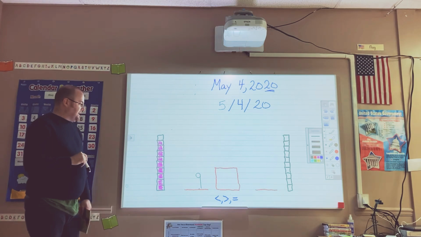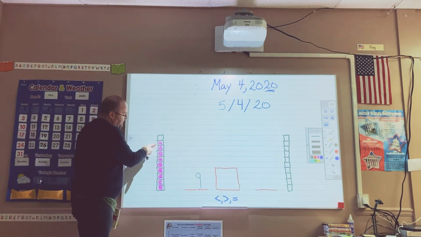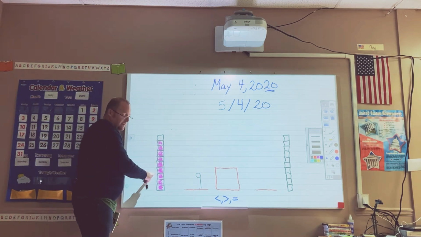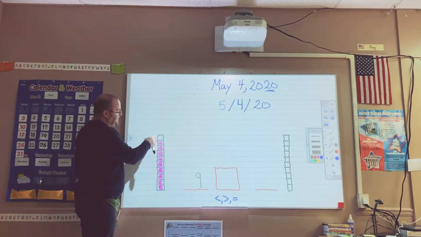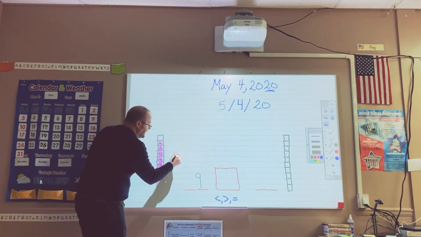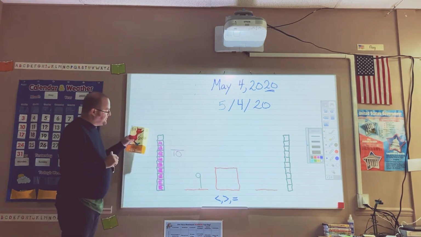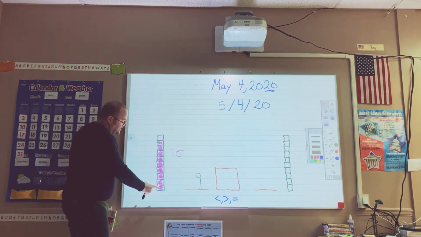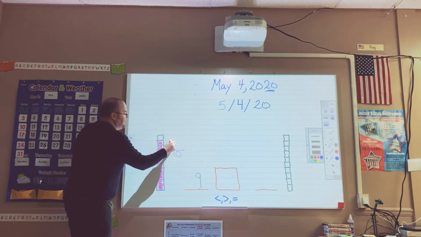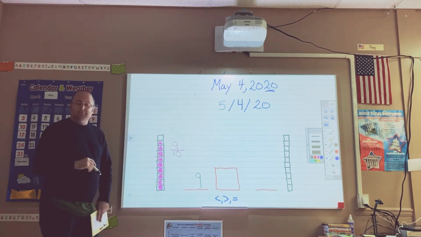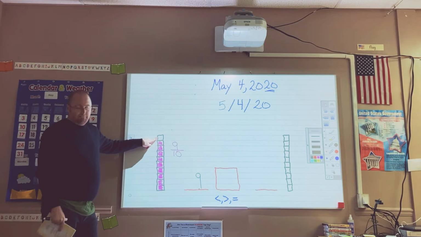So if I wanted to write that in a fraction, I would say, how many total were there altogether? There were 1, 2, 3, 4, 5, 6, 7, 8, 9, 10. There were 10. And how many times did I mess up out of those 10? 1, 2, 3, 4, 5, 6, 7, 8, 9. So 9 out of 10 times I messed up. 1 time I got it right. 1 time I did not mess up.